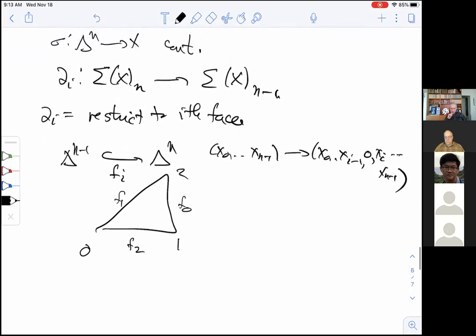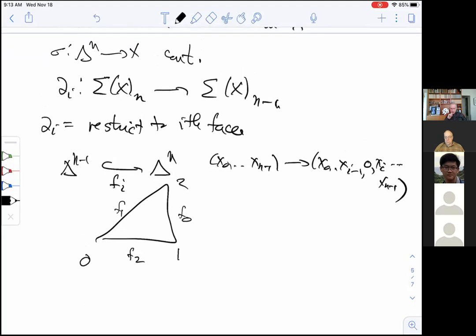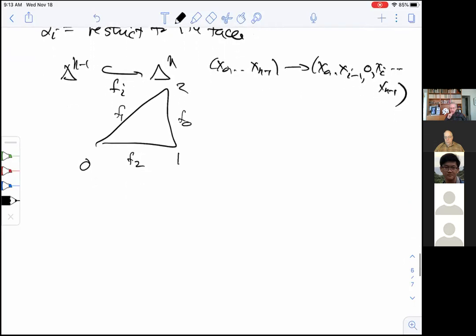Okay, so the way you get a map from an n-simplex to an n minus 1 simplex is simply to restrict to the various faces using the canonical identification of those faces with a simplex of one lower dimension. The degeneracies: well, what is the degeneracy s_i of sigma mapping delta n into X?